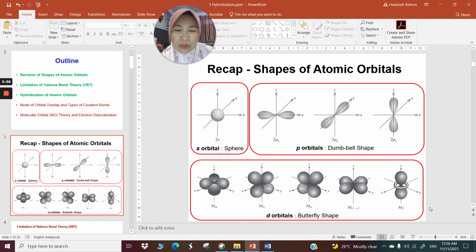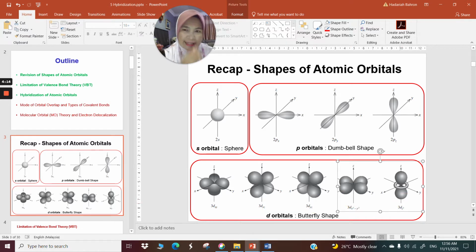Whereas your d orbitals, the set is 5 orbitals. So you have dxy, dxz, dyz, dx squared minus y squared, and dz squared. The dxy, dxz, and dyz are all shaped like butterflies.